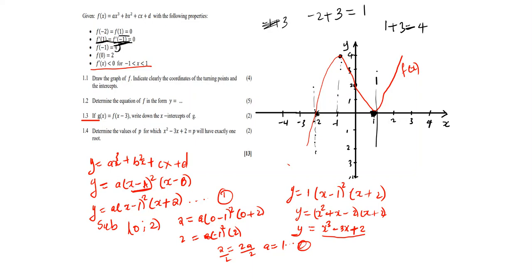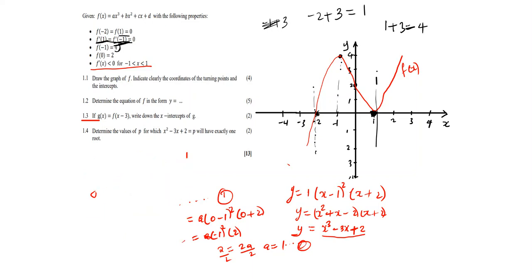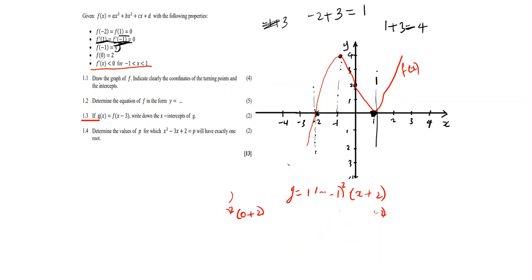If we had this one as plus, we'll be shifting our graph to the left. So the coordinates now will be the coordinates that we will remain with. Remember what I said? We are shifting the graph looking at the x-intercepts.